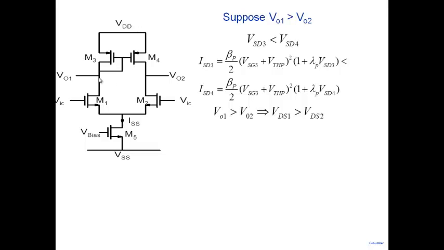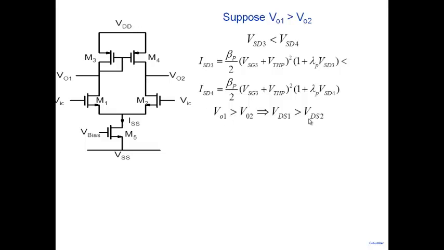Now, let's focus on M1 and M2 then. If I take M1 and M2, V01 greater than V02 means VDS1 is greater than VDS2, because the source voltage is the same, drain voltage is V01 here, drain voltage is V02 here.